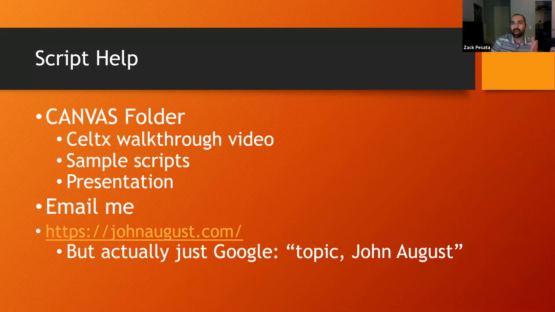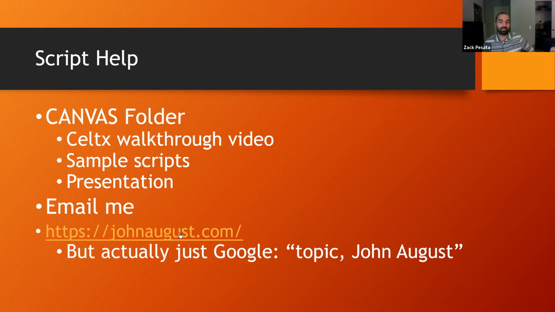And I also provide this website, and the website's great, but the organization is terrible. John August is a screenwriter. He wrote Big Fish and Go. But more importantly, he's really good with information on the screenwriting process.